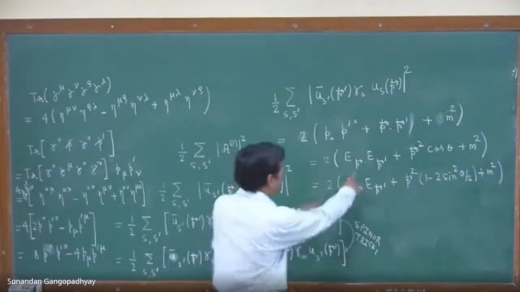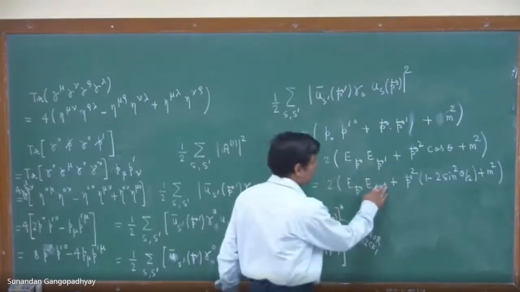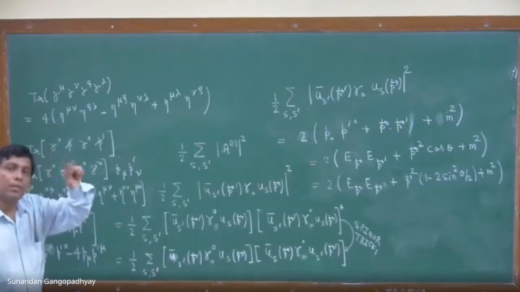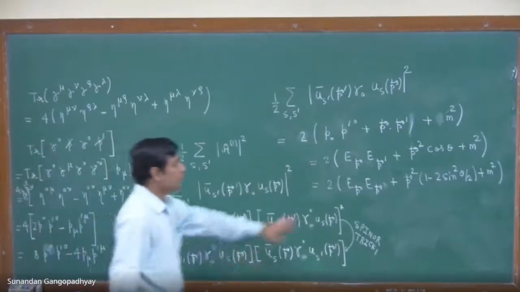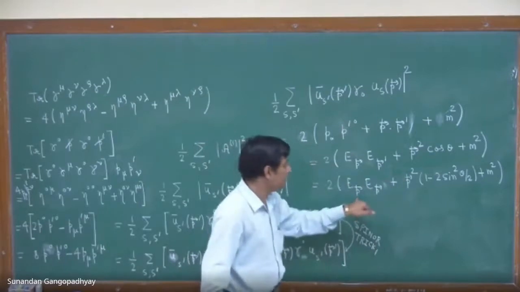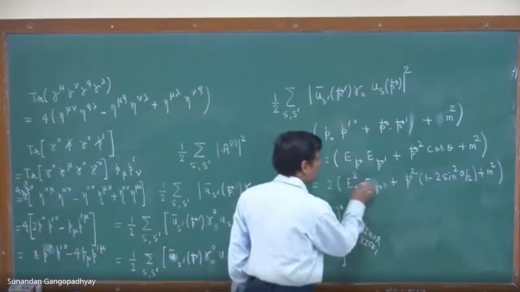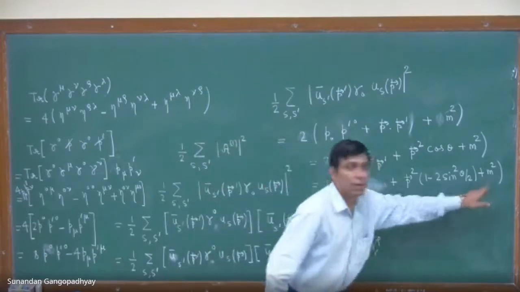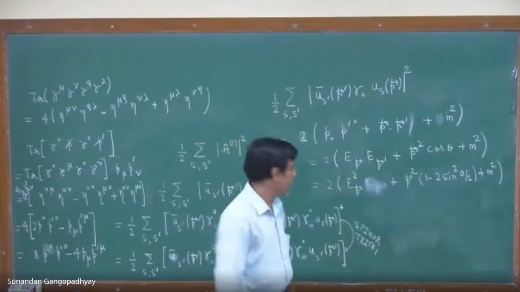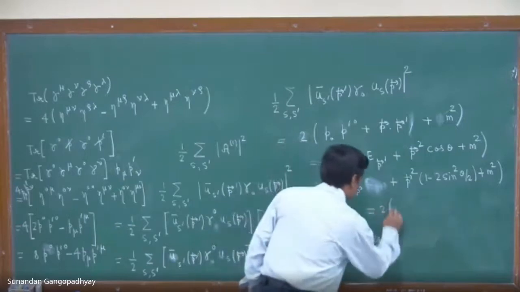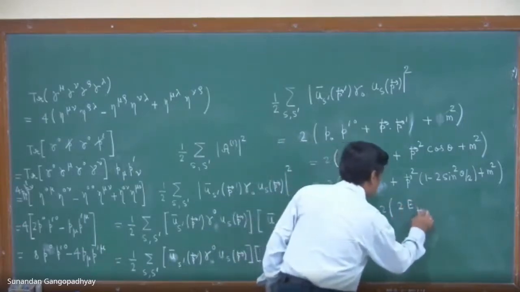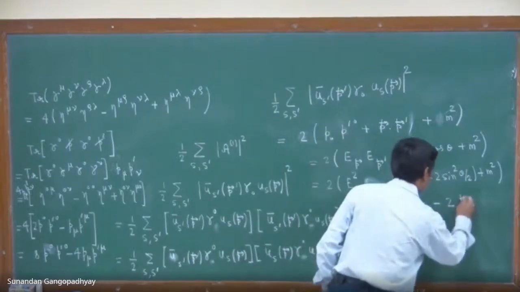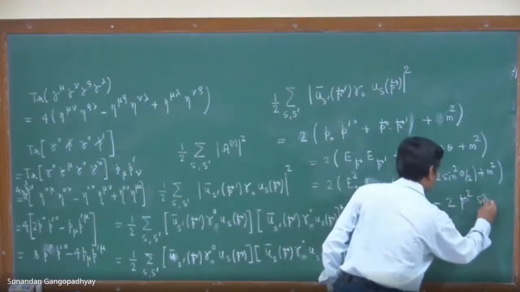Once again, EP and EP prime are equal, so I can change EP prime to EP. Because mod P is equal to mod P prime, therefore EP must be equal to EP prime. Therefore, this becomes a square. And P vector square plus m square is again EP square, right? So you can write this as twice EP square minus twice P vector square n square.